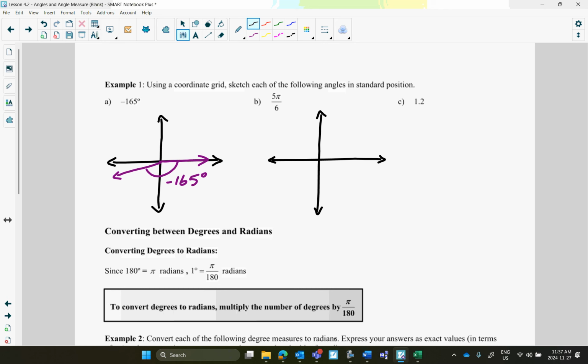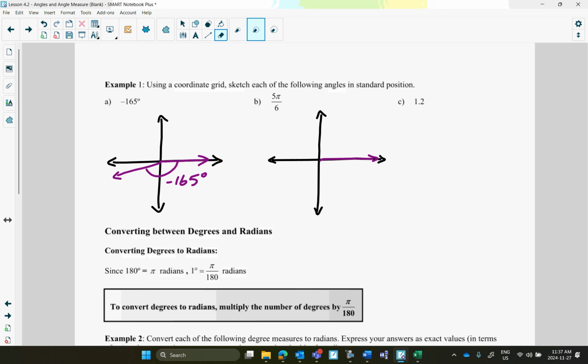But let's try and do it without a calculator. Where would it go? First of all, it's positive, so we're going to go counterclockwise. Remember, you only know 4 radian measures right now: a full circle, a half circle, a quarter circle, and an eighth of a circle.